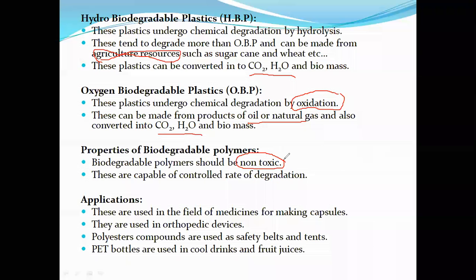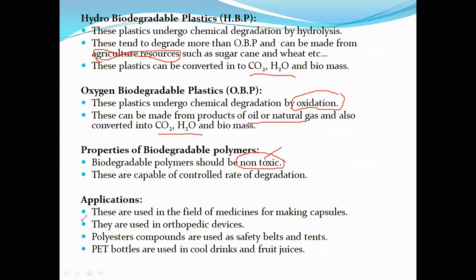There is no toxic character. They are 100% eco-friendly and easily degrade after use. After the lifetime of the plastic, when we dump it in the environment, there is no environmental pollution. Eco-friendly means they are non-toxic and don't react with water or food.